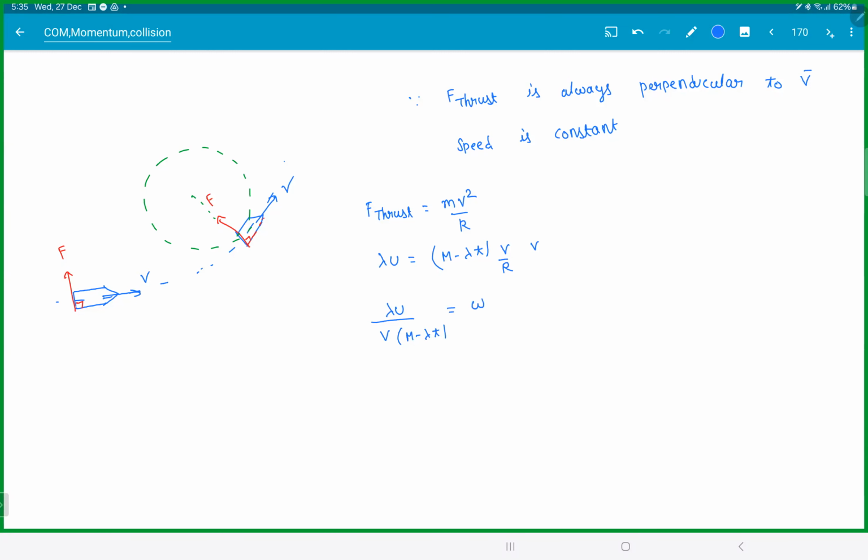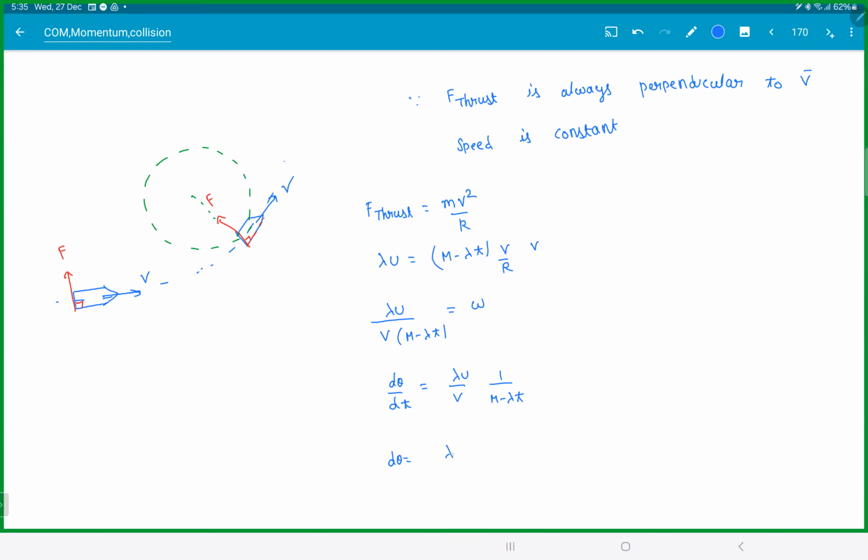V by R is omega. So the whole idea is, since you asked me to find the angle as function of time t, think about it. The only place till now where we saw the angle in terms of time is what? Circular motion, isn't it? Omega. So that should be the hint, that somehow you have to create omega from this equation. Omega is d theta by dt, which is lambda u by v, 1 by m minus lambda t.